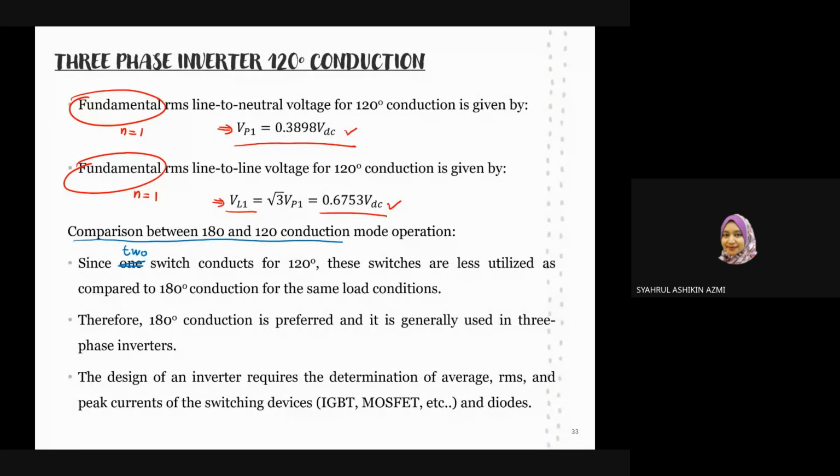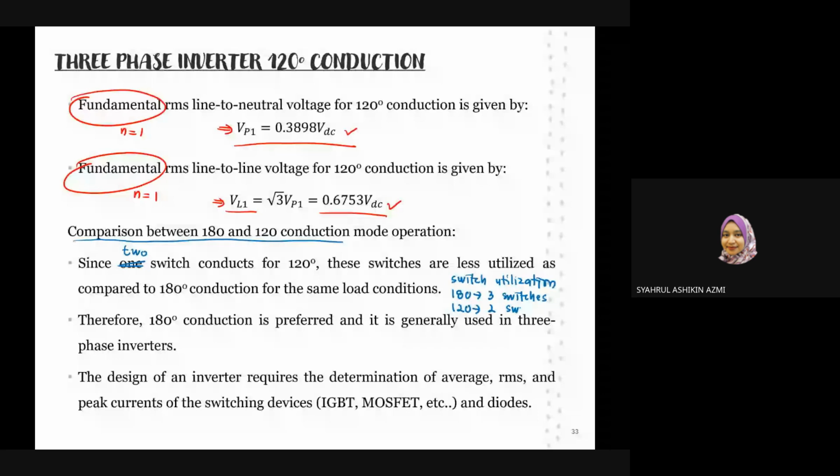For 120 degree, there are two switches that conduct. If you are comparing in terms of switch utilization, you can see that for 180, it uses three switches. These three switches will be turned on at every 60 degrees. For 120, it uses two switches.